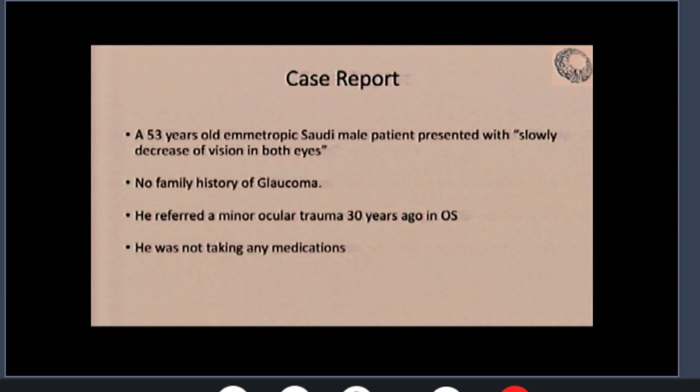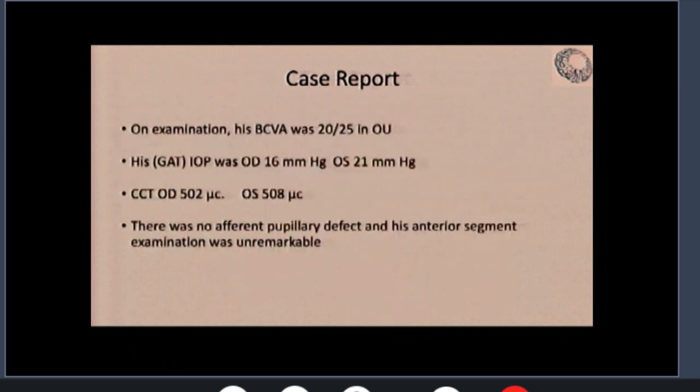Good. Okay. So the scenario goes with angle recession glaucoma in the right eye and the left eye, I believe. Yeah, the left eye.